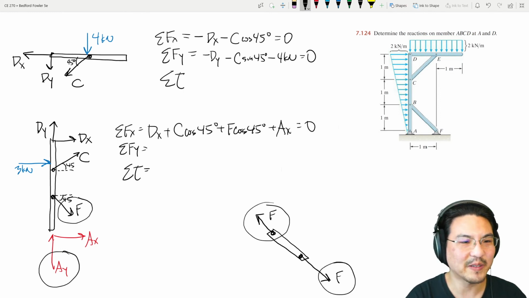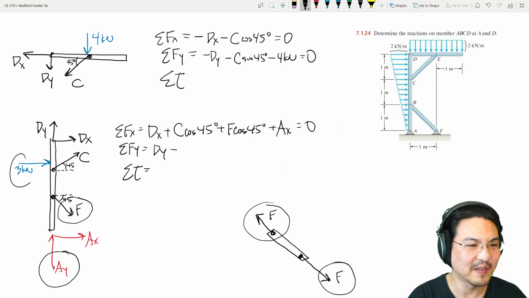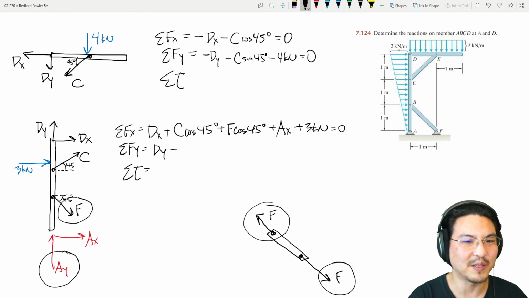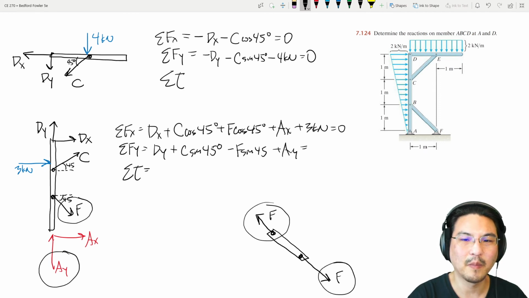Okay, y direction, dy. Oh, no, I missed the 3 kilonewton load right here. Plus 3 kilonewtons. Okay, y direction, dy, c sine 45 minus f sine 45 plus ay.